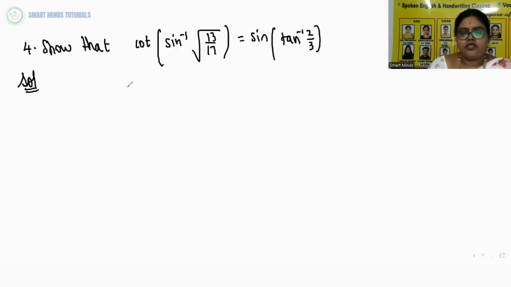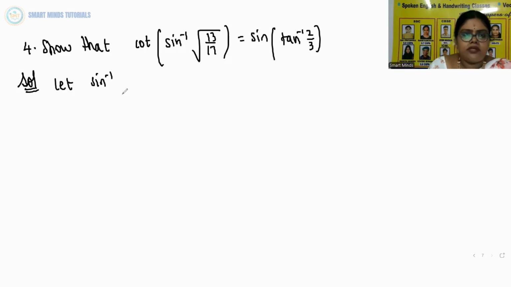Now take the next question. This is also important. Show that cot of sine inverse root over 13 by 17 equals sine of tan inverse 2 by 3. This problem is a bit different one, not like the previous 3 questions. So how do we proceed here?